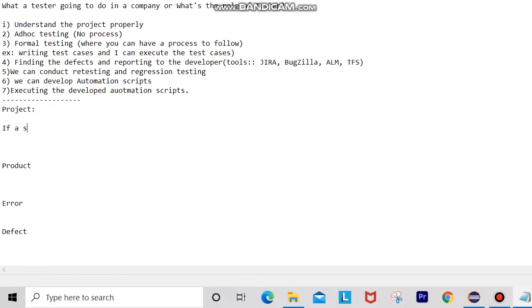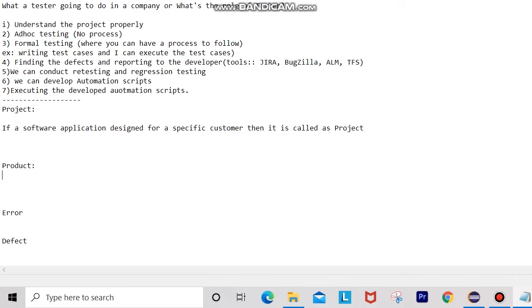If a software application is designed for a specific customer, then it is called a project. Next I can tell you about product.